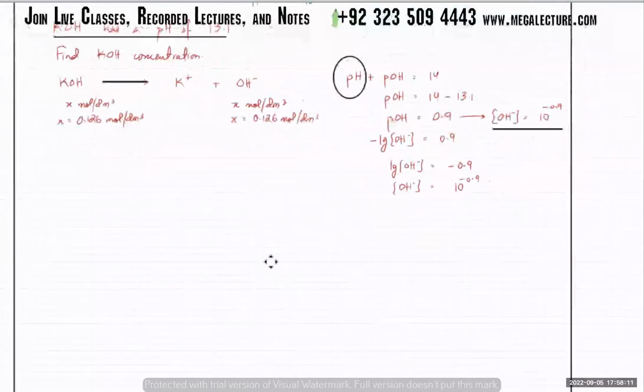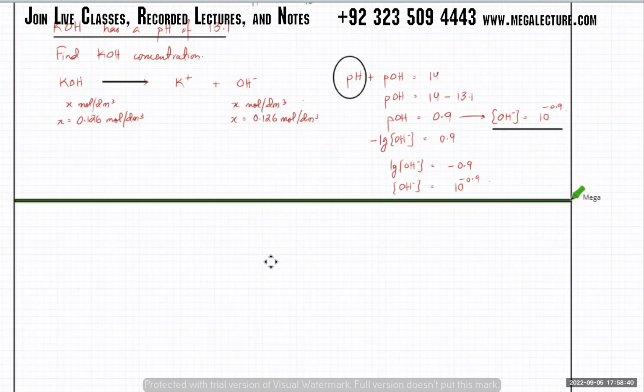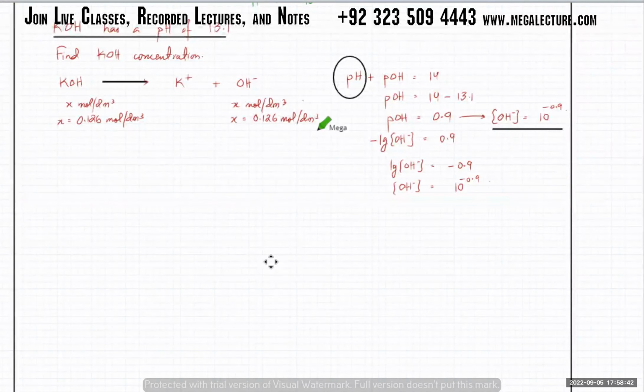So we did all of that, and we can do one more question. Let's say barium hydroxide is a pretty strong base and it fully ionizes. Okay, let's do one more question.